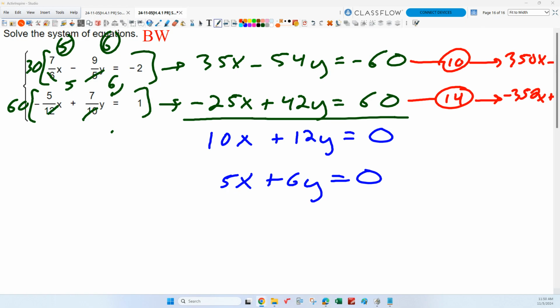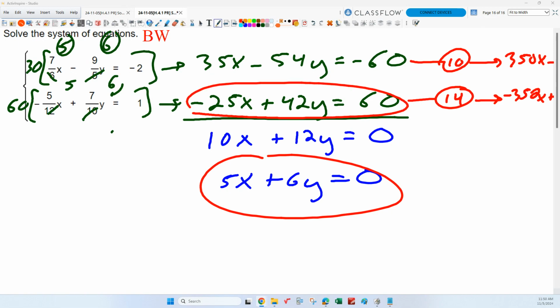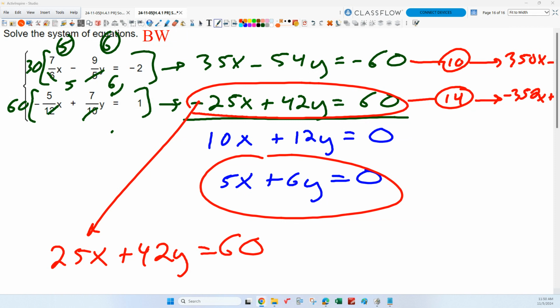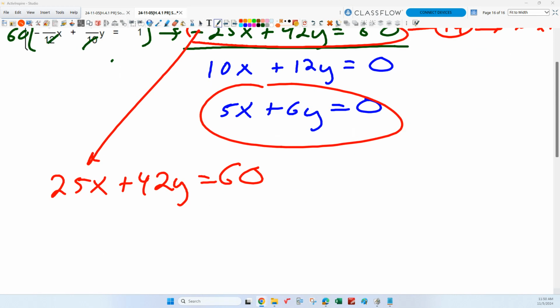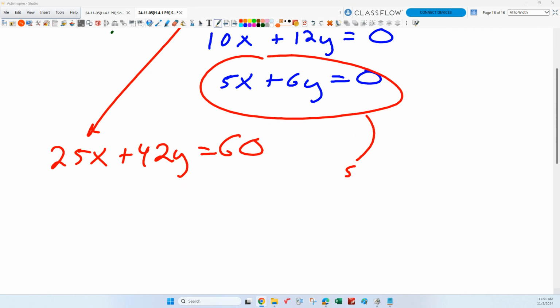But look at this. If I take this equation right here and this equation right there, all I've got to do is multiply this bottom one by 5, and I can get the x's to cancel. Everybody see that? So I've got 25x plus 42y equals 60. If I multiply this guy by 5, I get, is that negative on that top one?